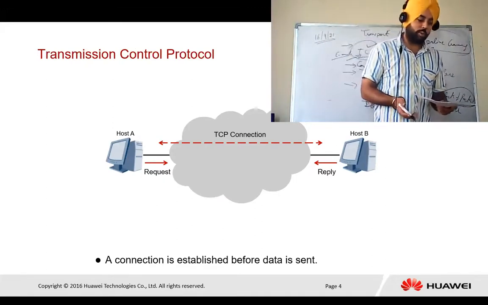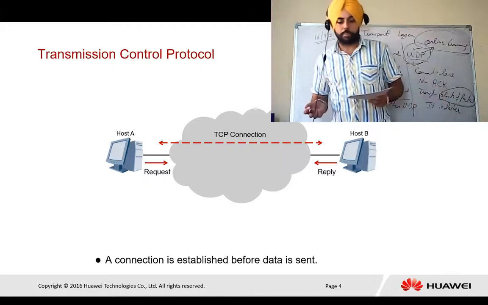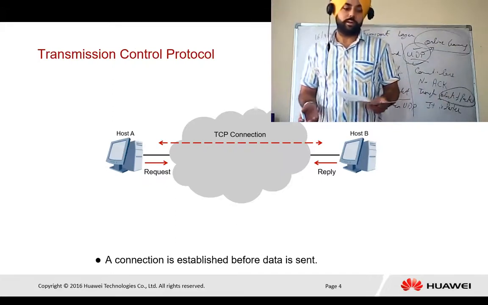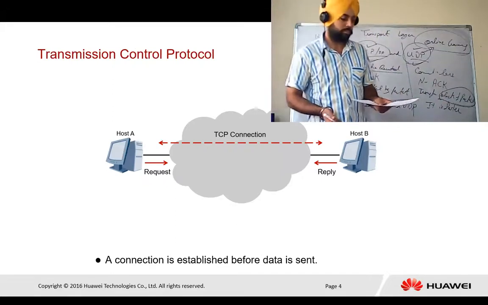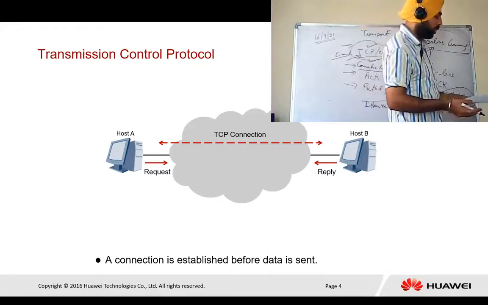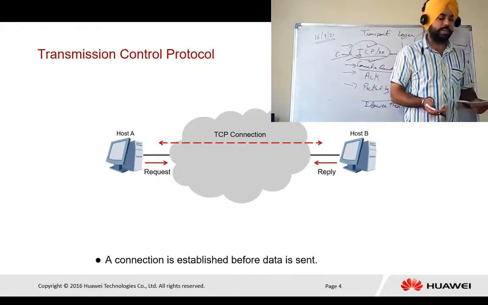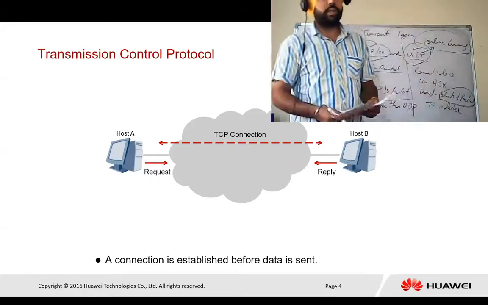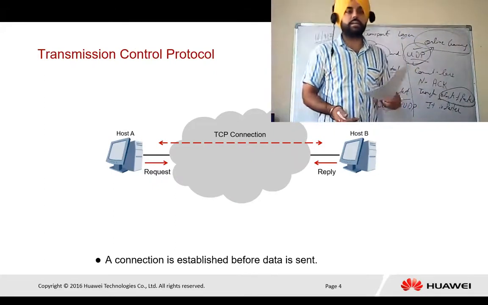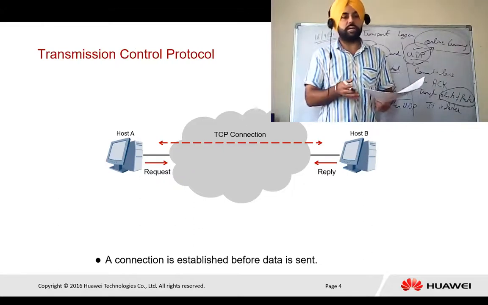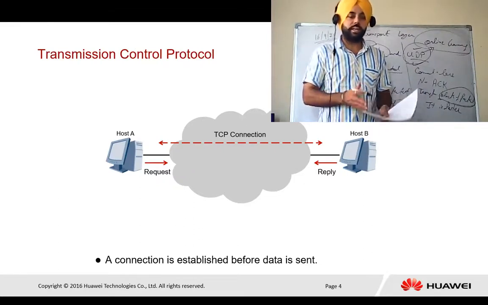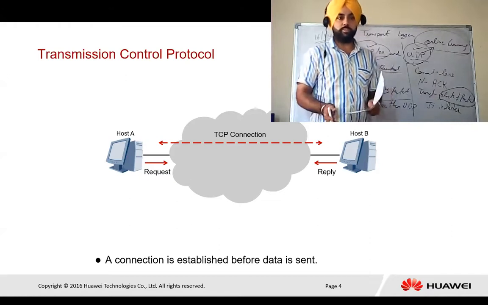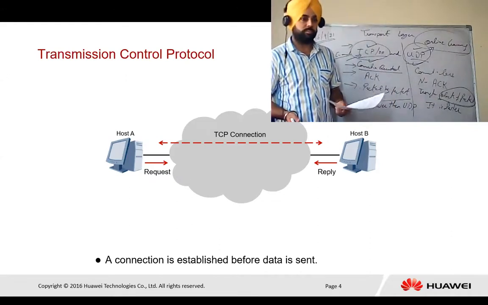Basically, it's an end-to-end protocol that exists as a part of the transport layer of the TCP/IP protocol, in order to support applications that span a multi-network environment. That is why we are saying TCP is a connection oriented protocol.